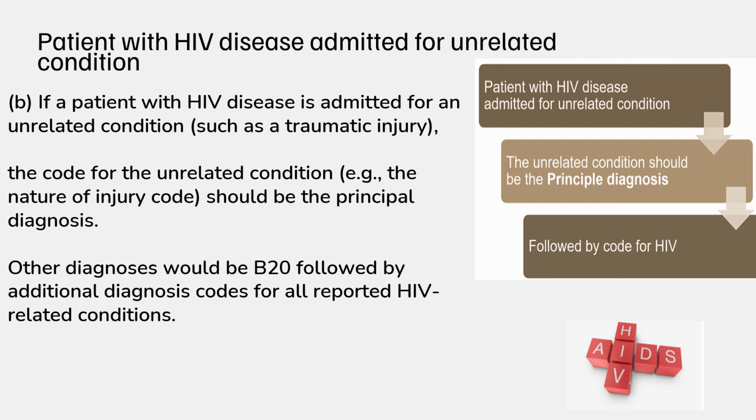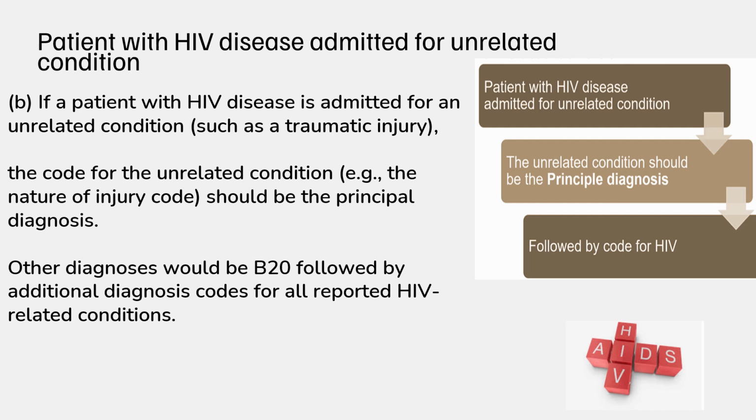So whenever you are writing that code, you are trying to tell the insurance company that today he came for the fracture, but he still has HIV, or he has AIDS, and if he has AIDS, that means he has some related condition. If he has asymptomatic HIV, you will just write Z21.